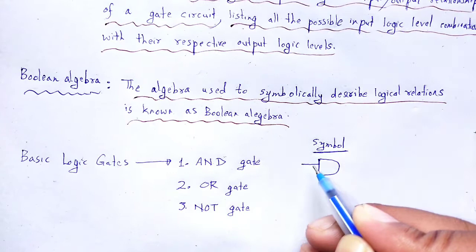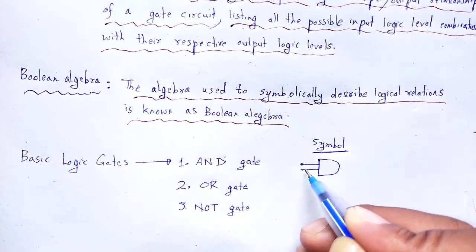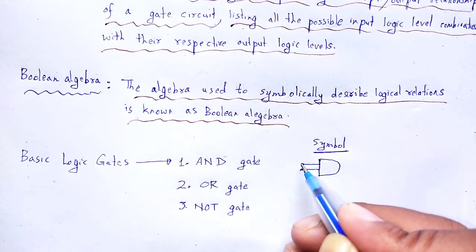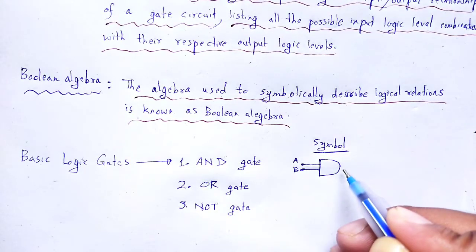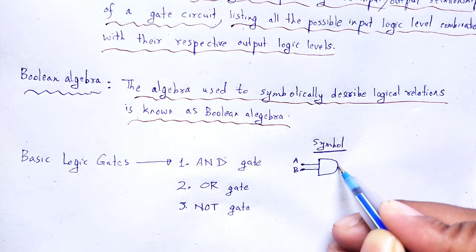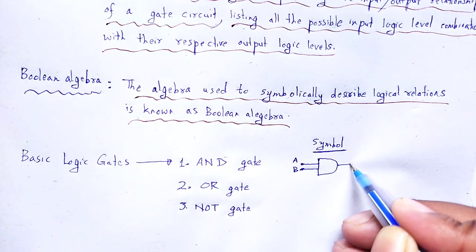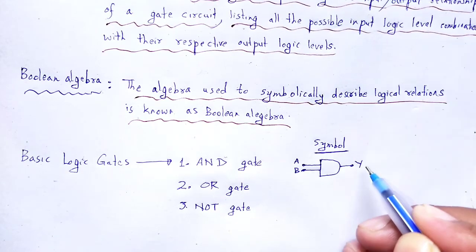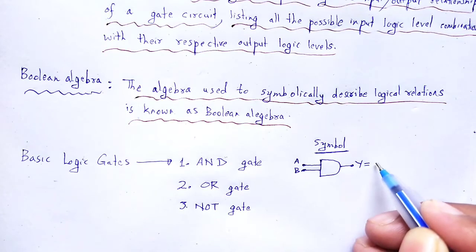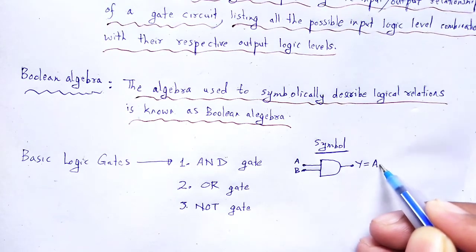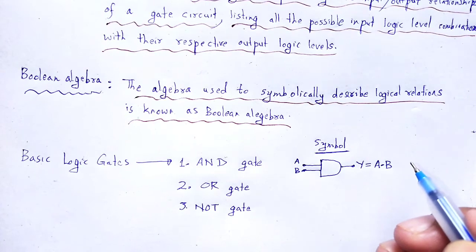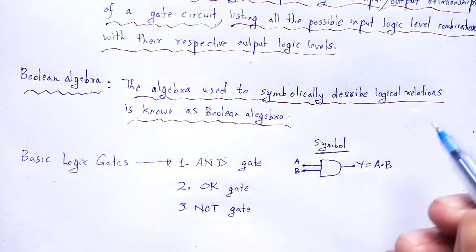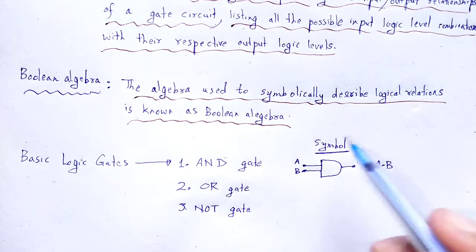Here two inputs, let the inputs be A, B, and the output Y, that is equal to A dot B.